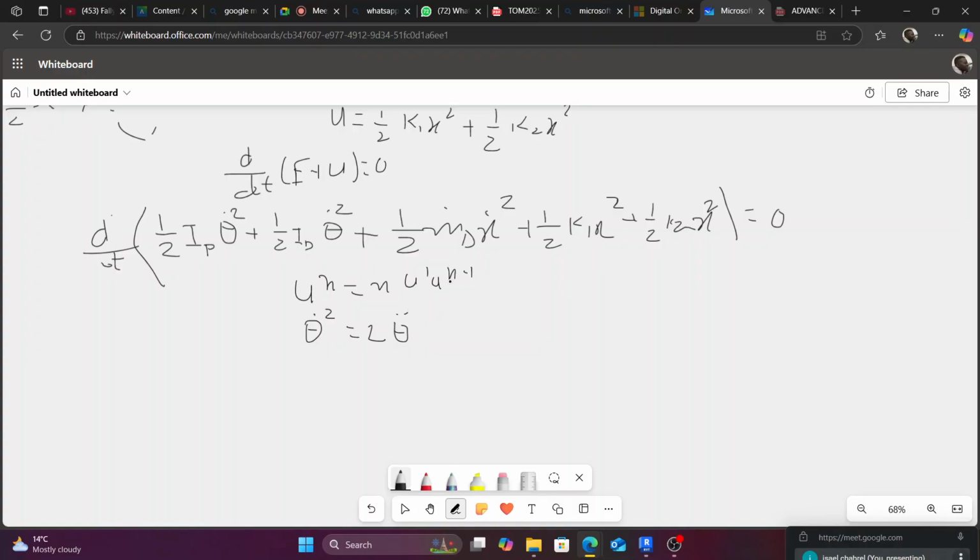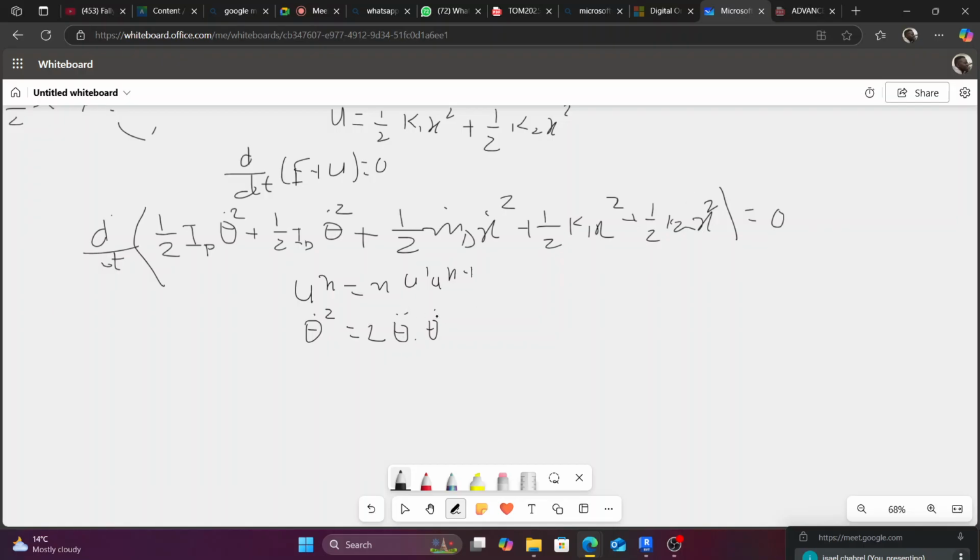The formula says u to the n minus 1, so you repeat theta dot again. What is n minus 1? 1. So this is the derivation, and everything will follow like this. The answer is 2 multiplied by theta dot dot times theta dot.